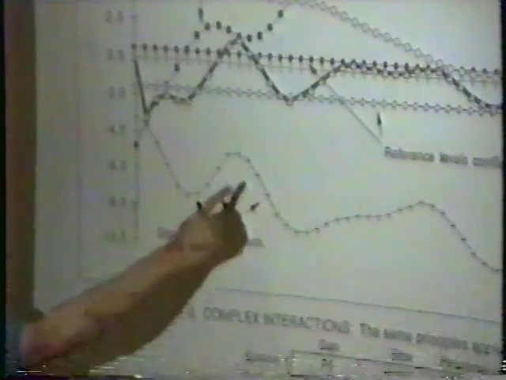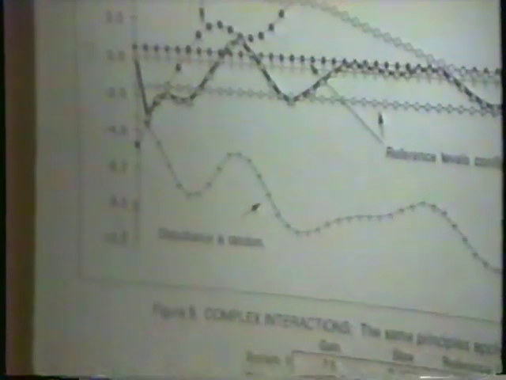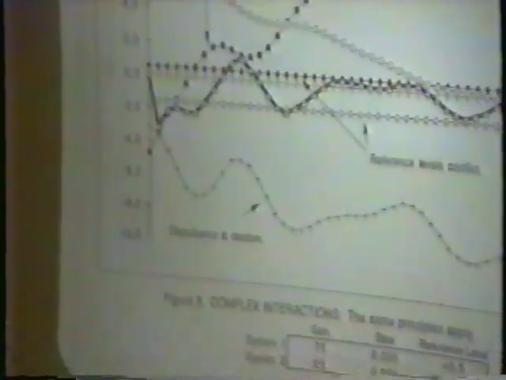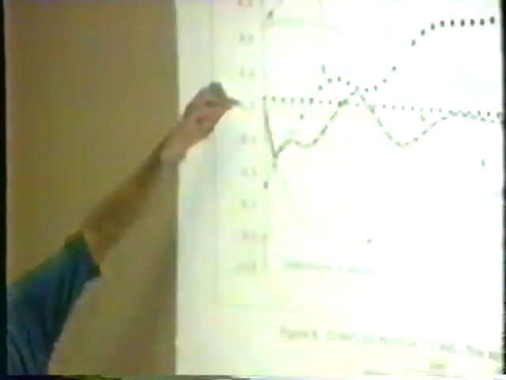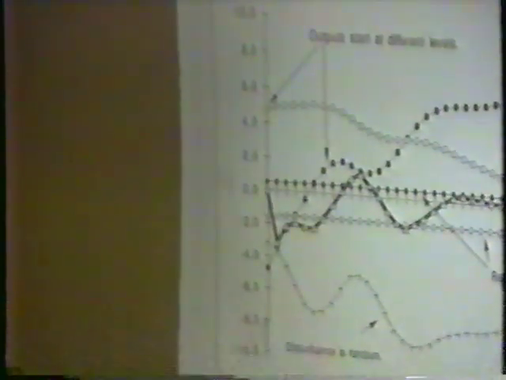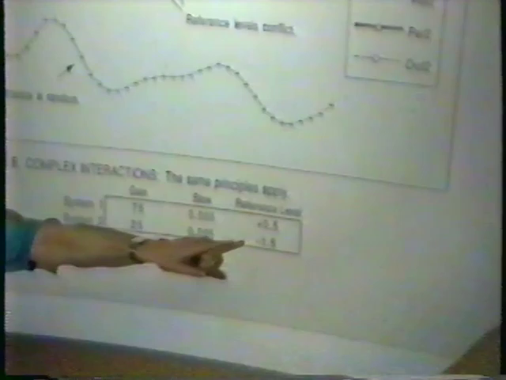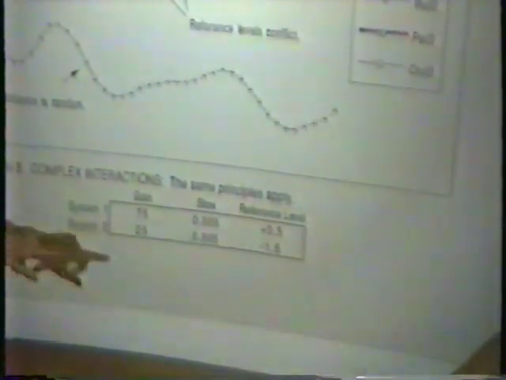The disturbance now is a smooth random disturbance. Okay. Applied to both systems, applied to their common environmental variable. Oh, I see. Okay. The two systems have two different reference values. In this case, it's plus 0.5 and minus 1.5.